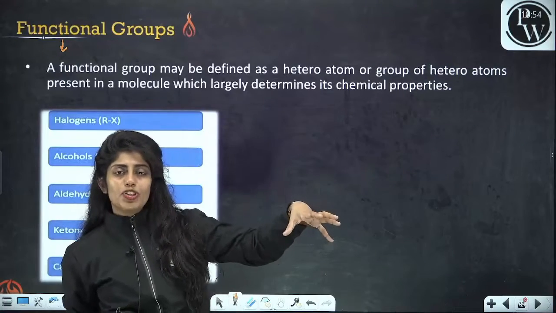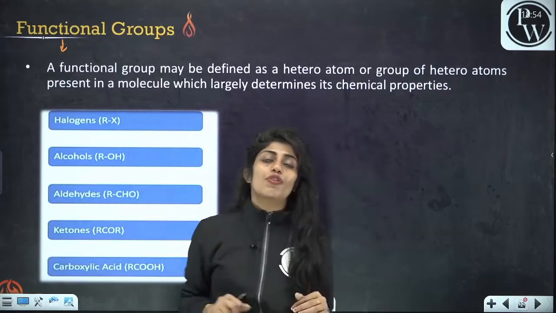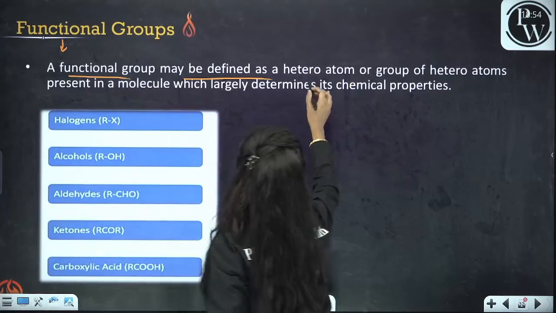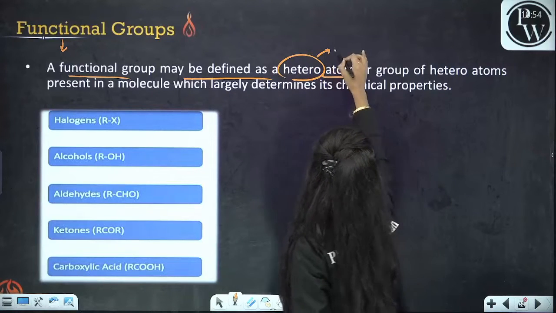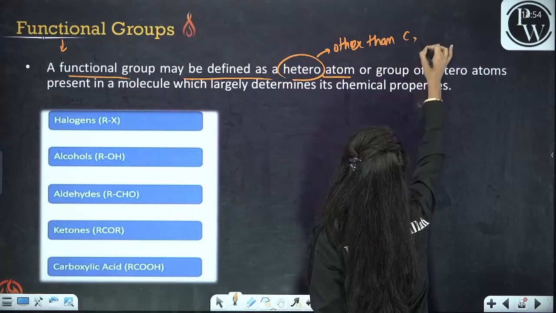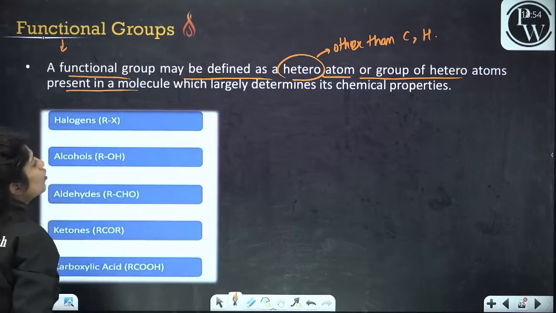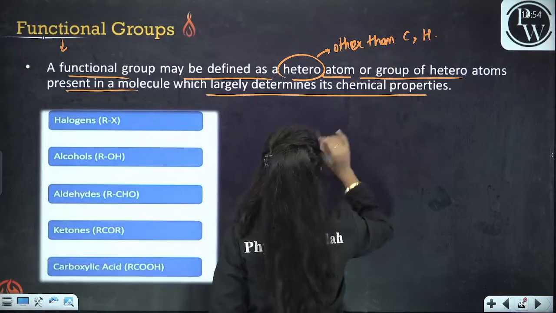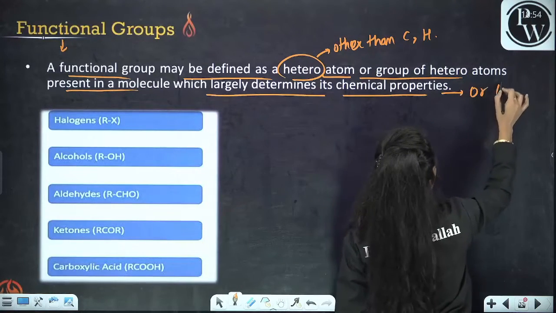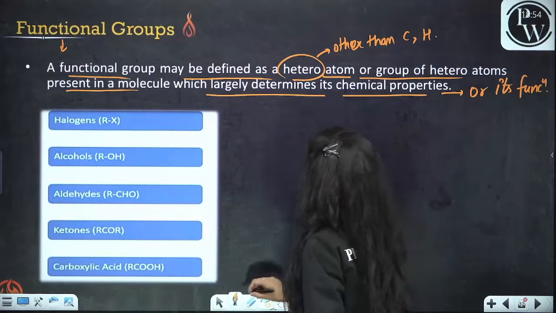They are attached to the carbon chain and show or determine the working, the function, of the whole compound. So basically, the functional group may be defined as a heteroatom other than carbon or hydrogen, or a group of heteroatoms present in the molecule which largely determines its chemical properties or its function, or the work potential. Done? Okay.